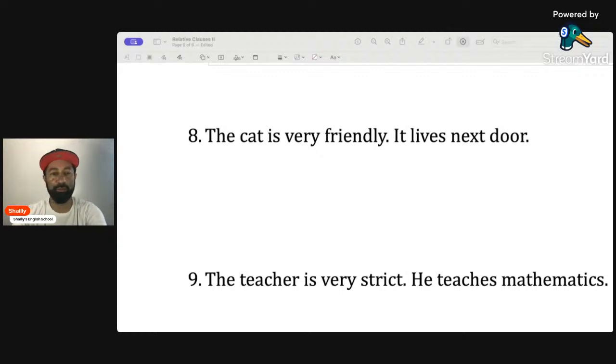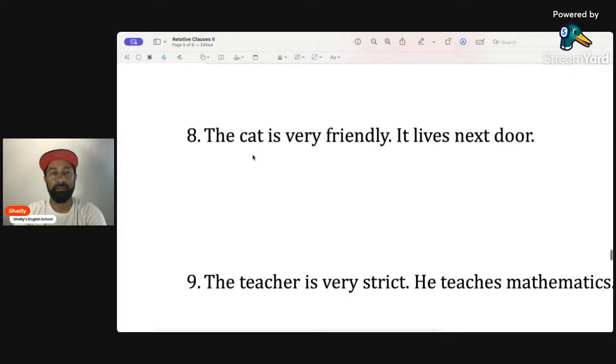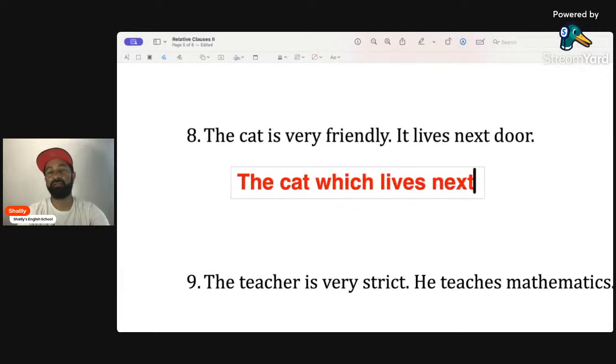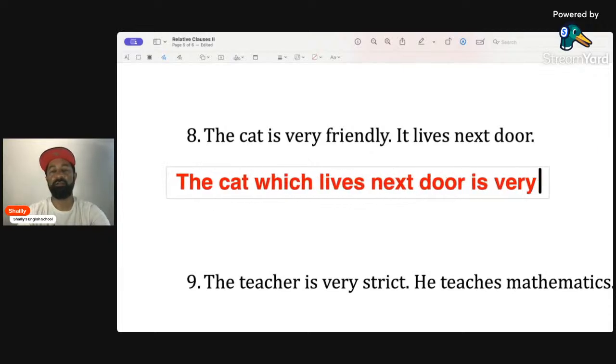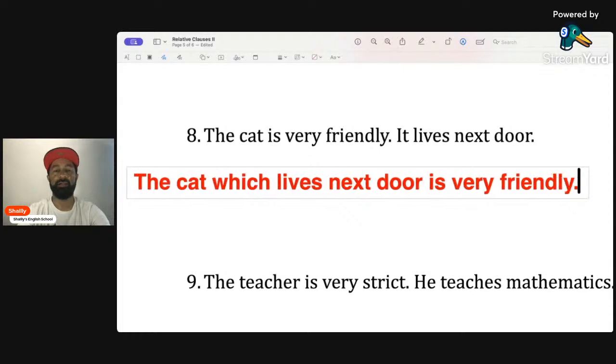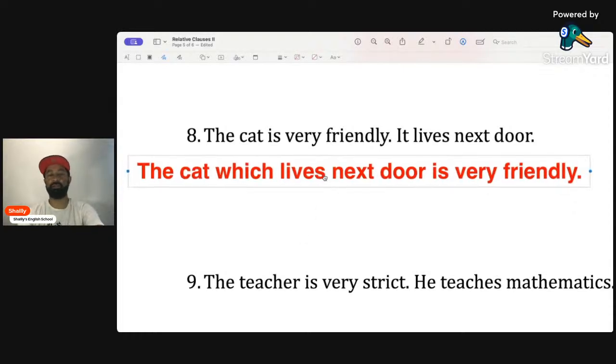It lives next door. So for me here, my answer would be: the cat which lives next door is very friendly.